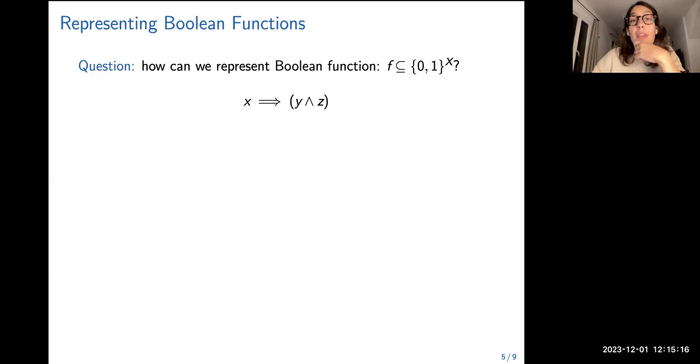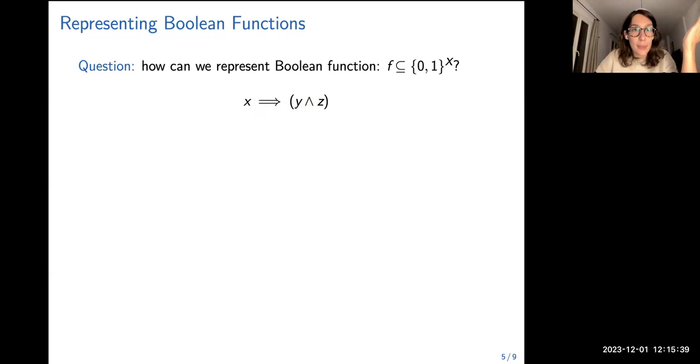Here we only have three variables, x, y, and z. And this is saying that if x is false, then it's automatically satisfied. But if x is true, then we also must have that y and z are true as well, because otherwise this would be false. Now, this is already one way to represent it, but not the most convenient.